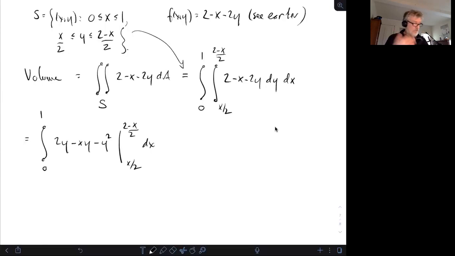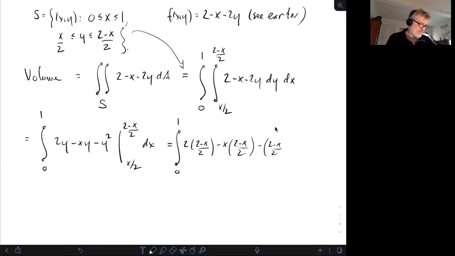Okay, I'm going to substitute and subtract. It is sort of longish, but not hard. So this is 2 times 2 minus x over 2, minus x times 2 minus x over 2, minus 2 minus x over 2 squared, minus, I need 2 lines, the same thing replacing by x over 2.